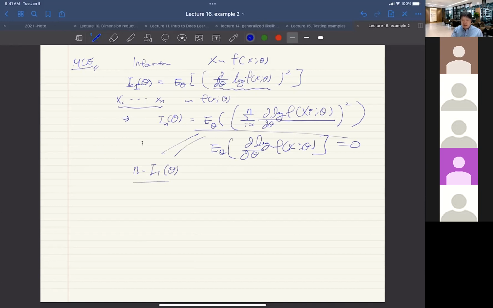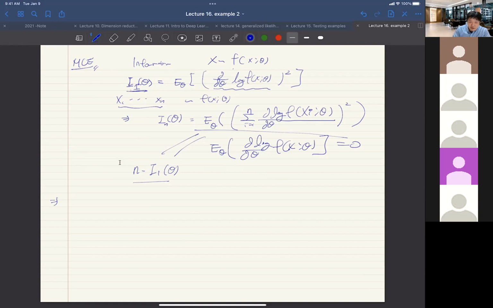As you have one more sample, your information is added, and the amount added is the information from the first data point. And by using this, you can provide a lower bound for an estimate.